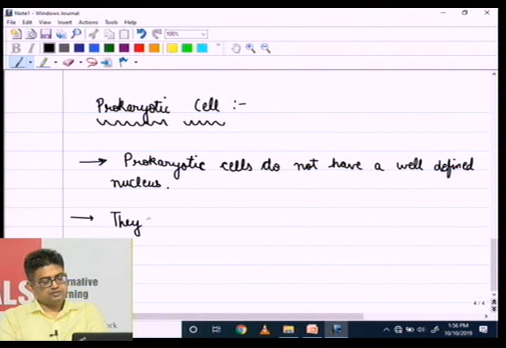They do not have any membrane-bound cell organelle.